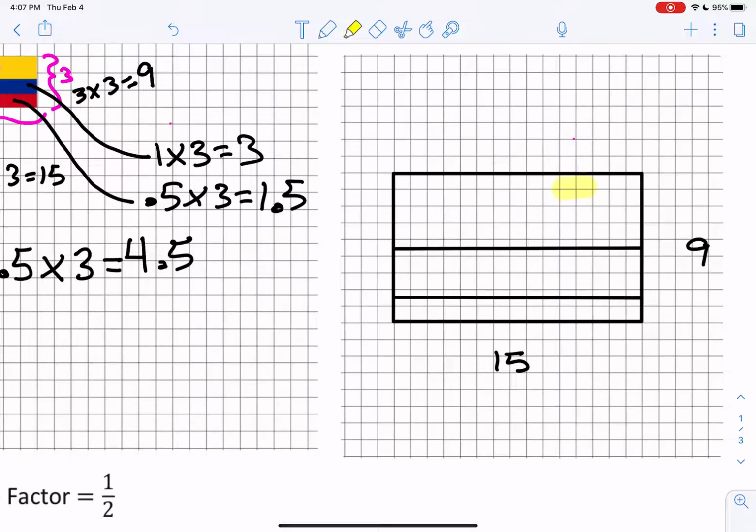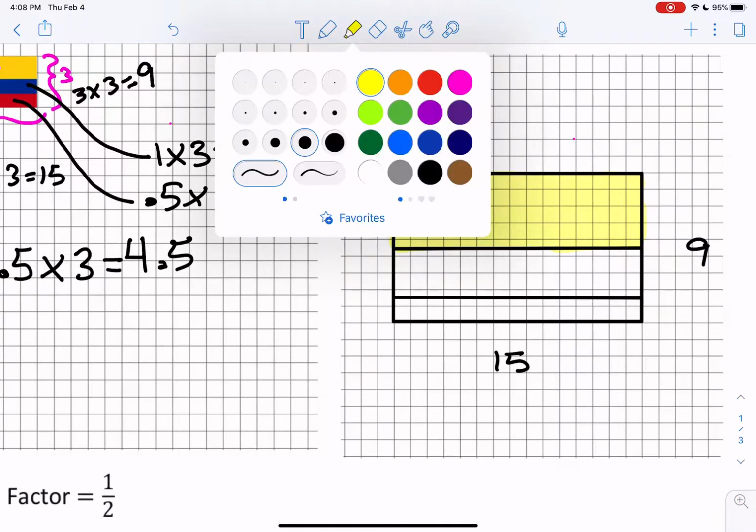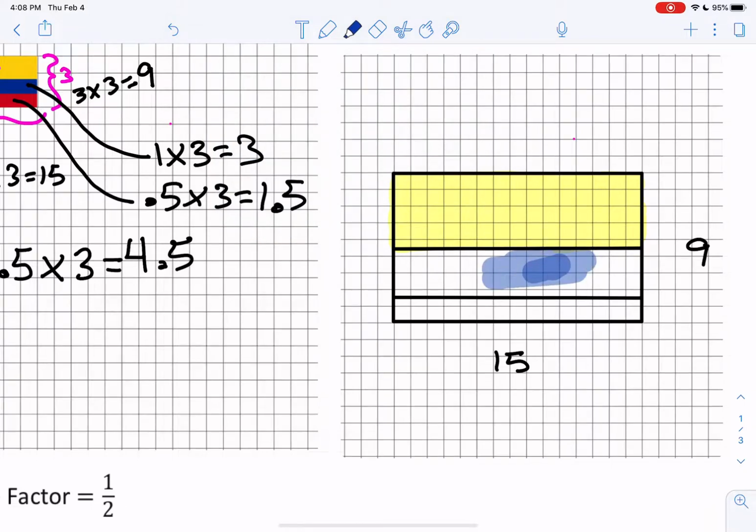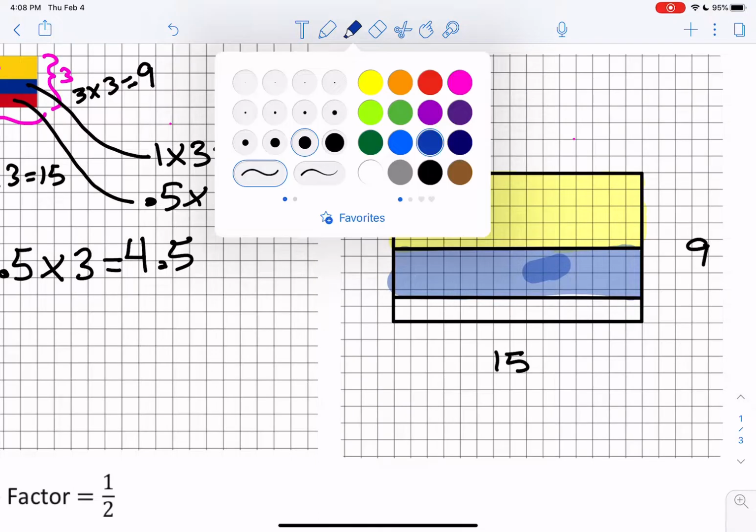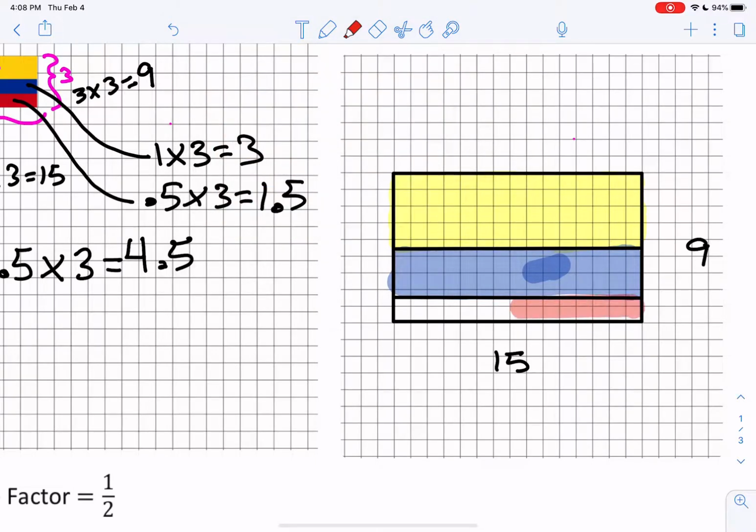So now we have our new Colombian flag. Here's the yellow, here's the blue, and here's the red.